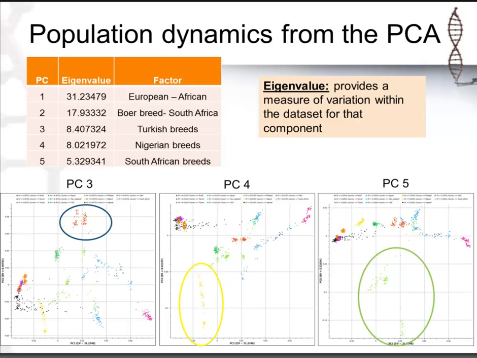From the previous diagram, PC1 is that European-African, PC2 is more the Boer breed itself. PC3 is really distinguishing the Turkish breeds. PC4 brought out more the Nigerian breeds, and PC5 brought out more the South African breeds. So this is just giving us an idea of which different components and genetic signatures are significant when I use all of these individuals.